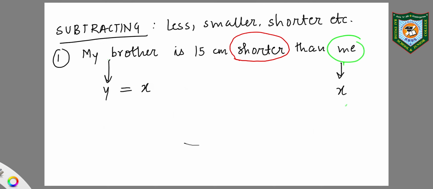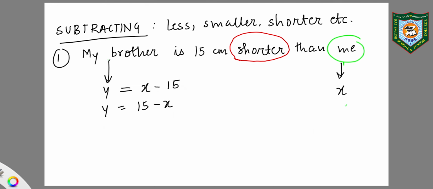So I know that x is greater, and then I need to subtract 15 from that. So this is how I define subtracting word terms. So I have y is equal to x minus 15, and not y is equal to 15 minus x.